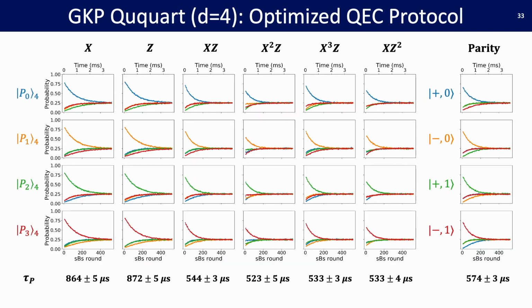And we find an optimized error correction protocol with these x and z lifetimes of a shorter duration of 860, 870 microseconds. So we're incurring some overhead here as we go to higher dimensions, for sure. And then these diagonal lifetimes of 520, 530 microseconds, and a slightly longer lifetime of the parity basis.